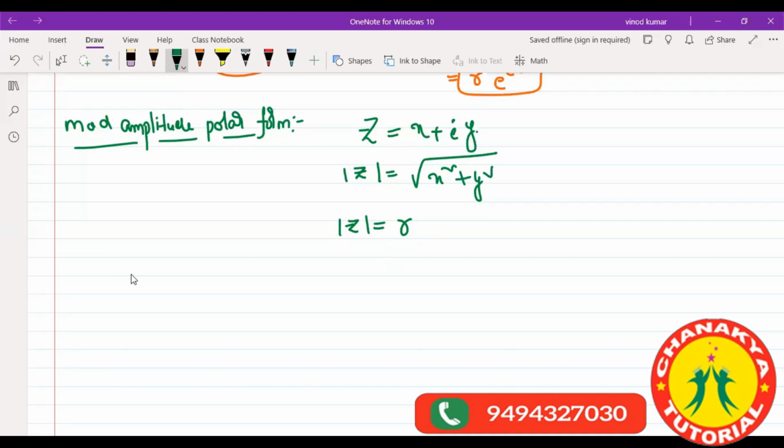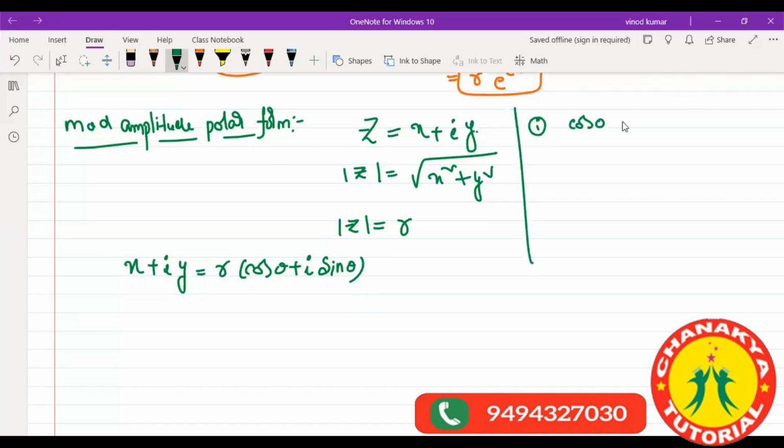Then x plus iy equals r into cos theta plus i sin theta. This is nothing but the modulus-amplitude polar form. And again, the notation cos theta plus i sin theta means cis theta.